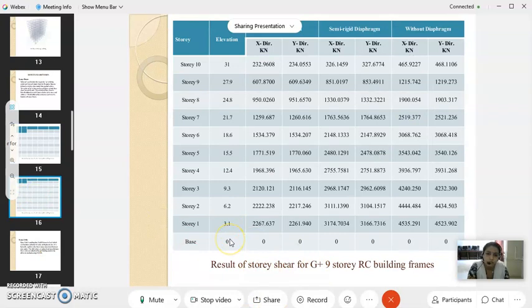So at story 1 is the maximum story shear, and story 10 is the minimum story shear for rigid diaphragm, semi-rigid diaphragm and without diaphragm. It is concluded that as the story of the structure increases, the story shear decreases.